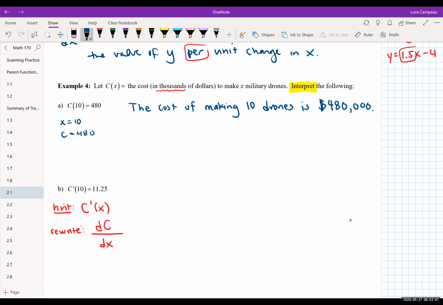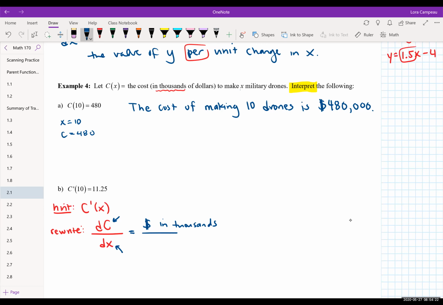And then what I'd like to do is just figure out the units to each of these values. So I'm not really doing sentences yet, but I could ask myself, okay, what is C in terms of? Cost is in terms of dollars in thousands. And then X is in terms of number of drones.